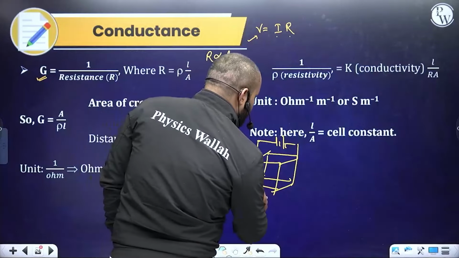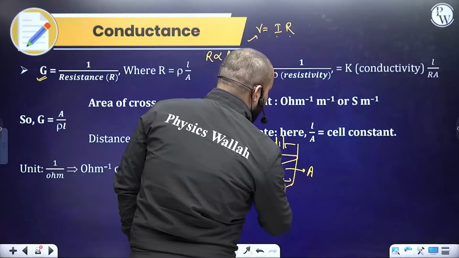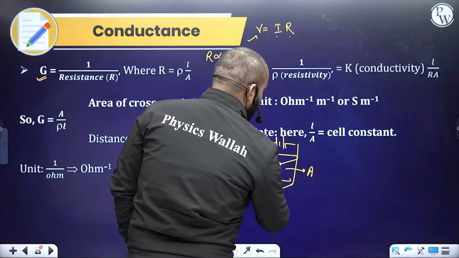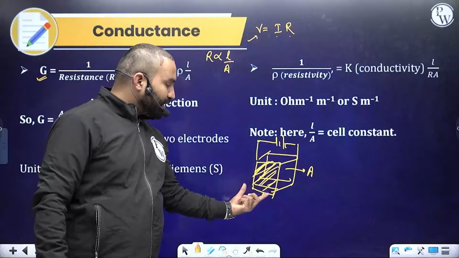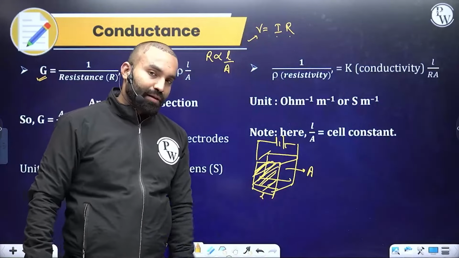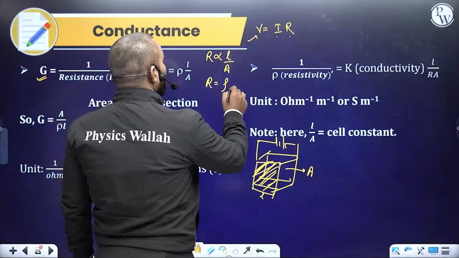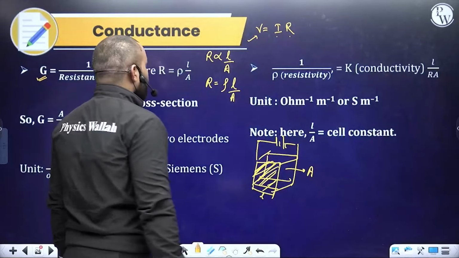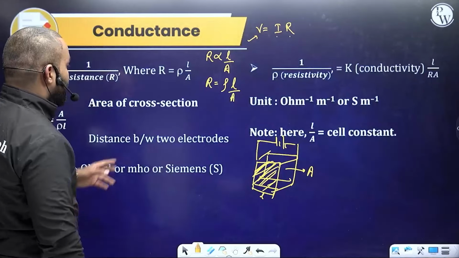There will be this particular length, and this will represent the area. Clear, everybody? This is the area of cross section. This length of the cube represents L by A. When we remove proportionality, R comes out to be equal to rho L by A. Here A is the area of cross section.